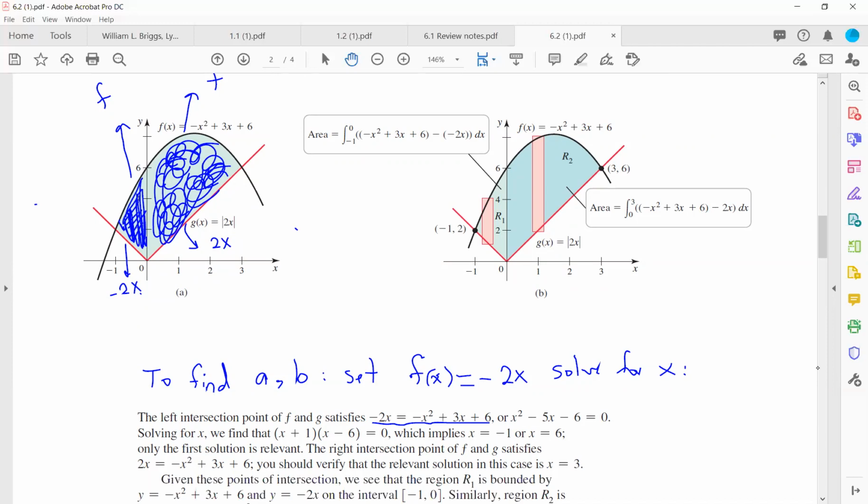We add 2x to both sides. You get negative x squared plus 5x plus 6 equal to 0, or x squared minus 5x minus 6 equal to 0. You can write this in factored form. We're looking for two numbers whose product is negative 6 and whose sum is negative 5. Those two numbers are 1 and minus 6. So your x is negative 1 or x is equal to 6.